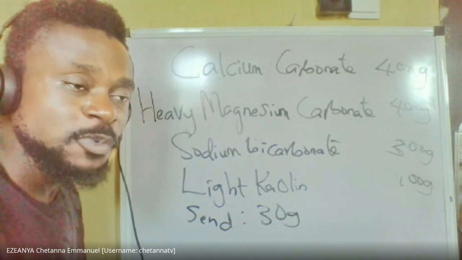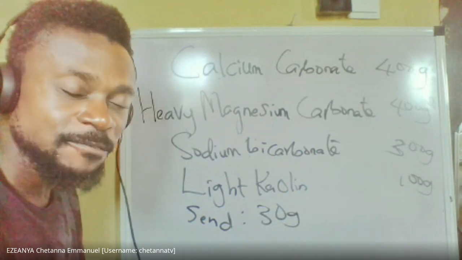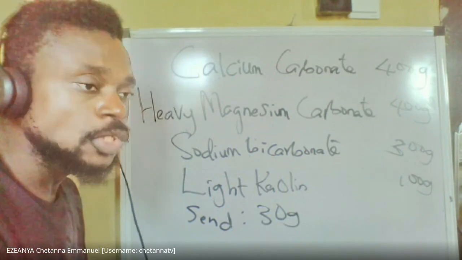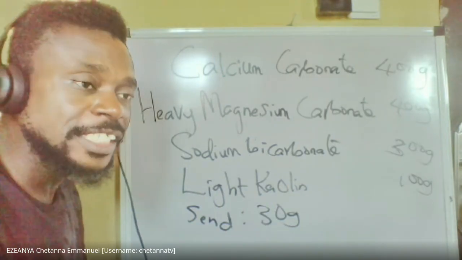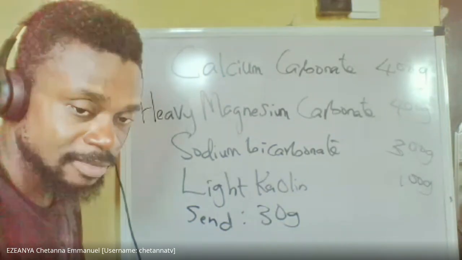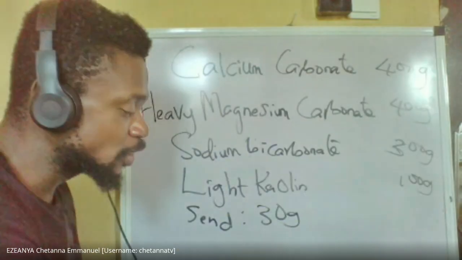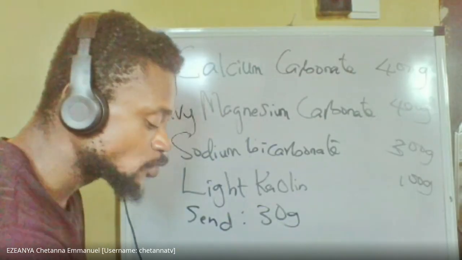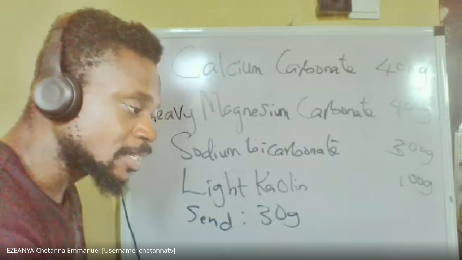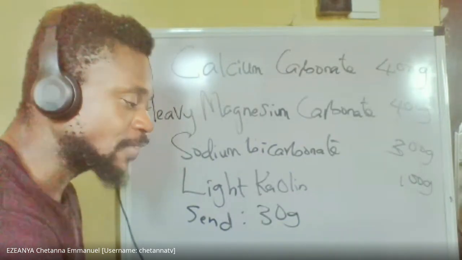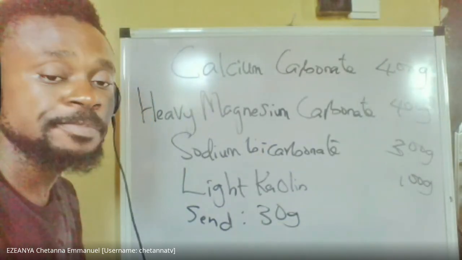One teaspoonful is 5 ml, so 2 teaspoonfuls is 10 ml.